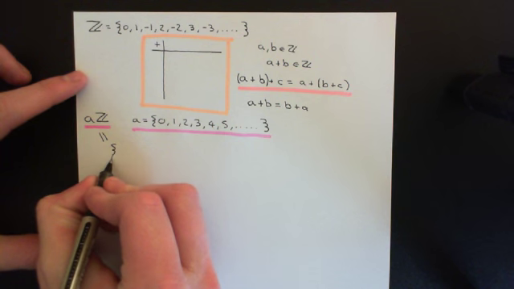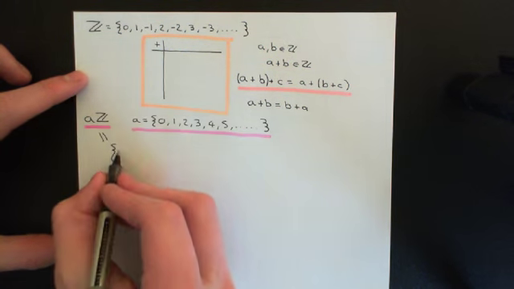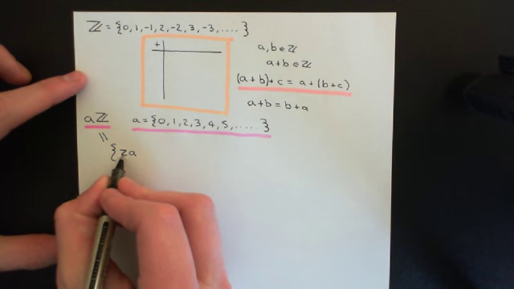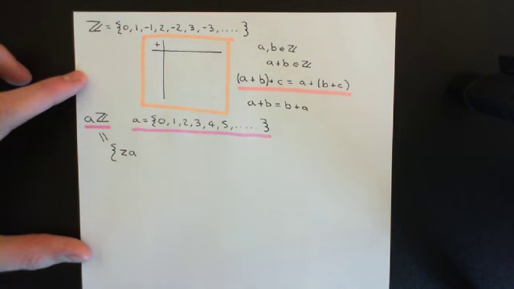AZ means the set containing all integer multiples of A. So basically A multiplied by any integer, little z here, so ZA, and this is where you actually need to be aware of a bit of classical algebra at the moment. Okay, so I know we have not yet rigorously gone through multiplication on the integers, but I'm assuming that you are familiar with how to multiply integers together from your understanding of classical algebra.